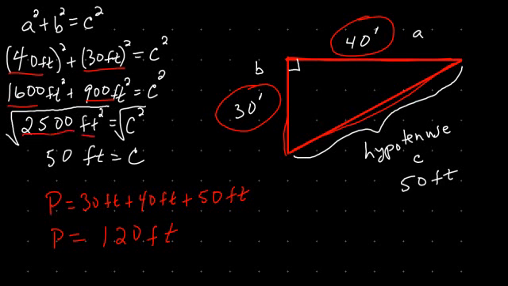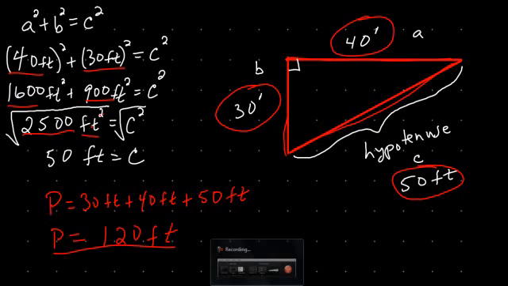The square root of feet squared is feet, and the square root of c squared is c. That gave me the hypotenuse to be 50 feet. Now the perimeter is the easiest problem in the world when we have straight sides: we just add all the sides up, and we got a perimeter of 120 feet. And that will conclude this video on perimeter.